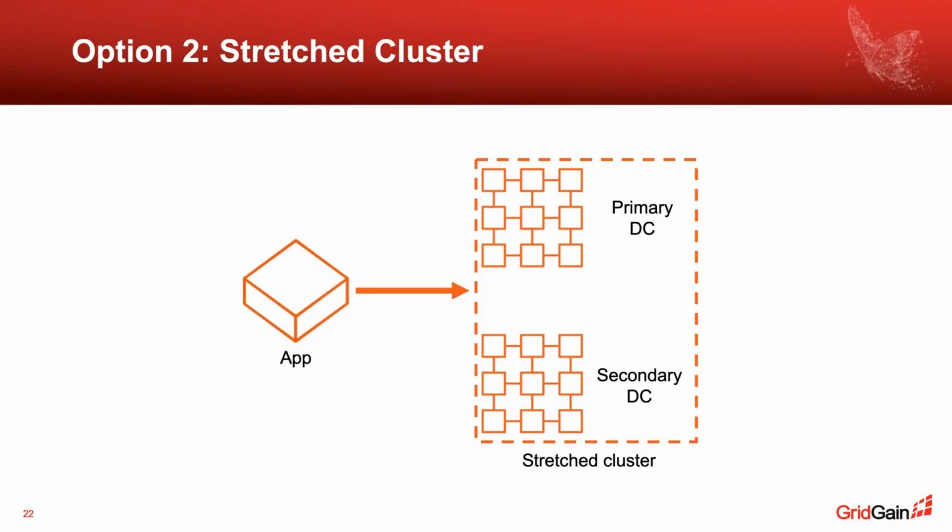A stretched cluster is a cluster that combines nodes that run in two data centers at once. So applications talk to the cluster as if it was a single system. It is in fact a single system, so applications don't really care which nodes are in which data centers.